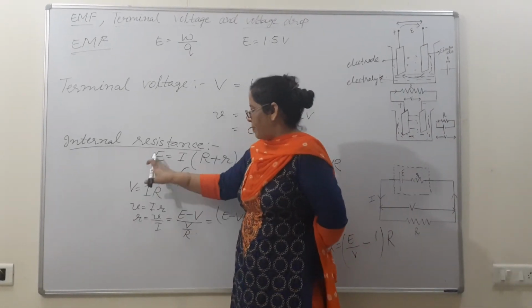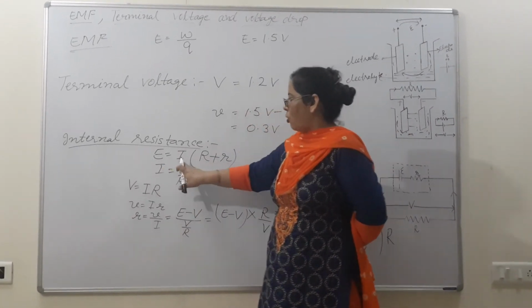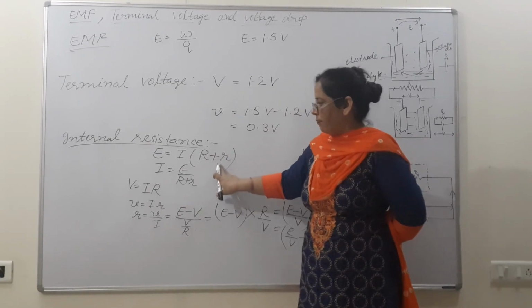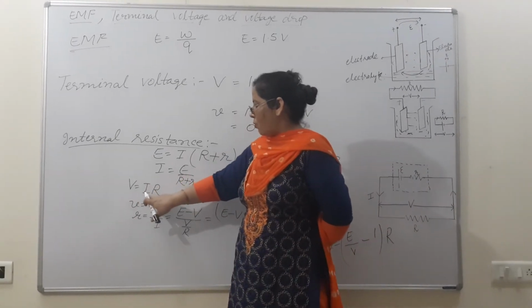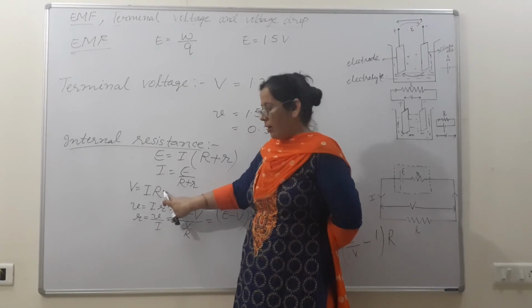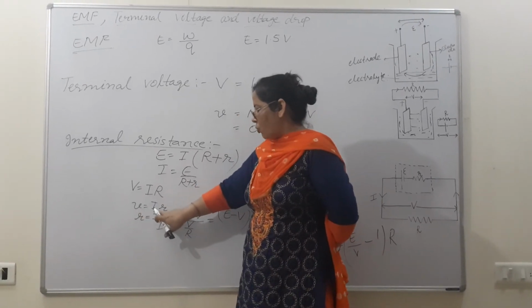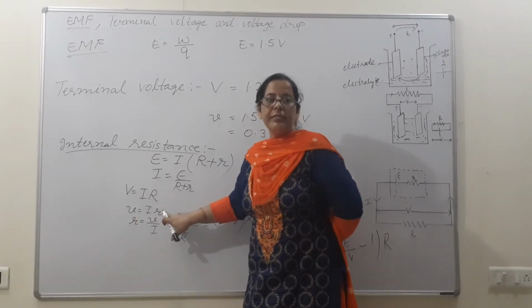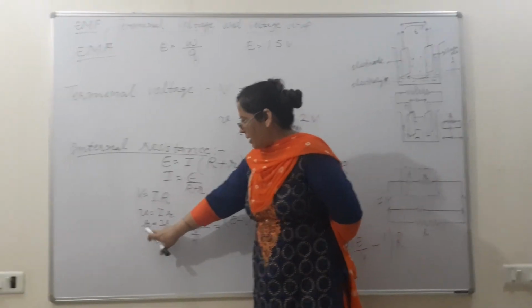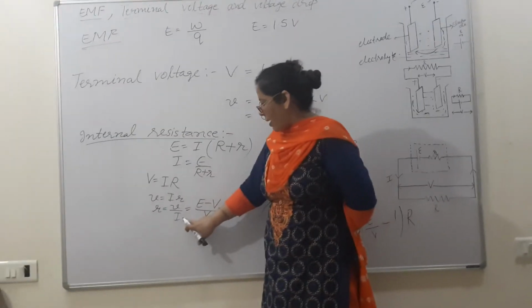Firstly, learn these basic formulas. EMF is equal to I into (R plus r). Then terminal voltage is equal to I into R. Voltage drop is equal to I into small r. Small r means internal resistance. From here, R will be equal to V divided by I.